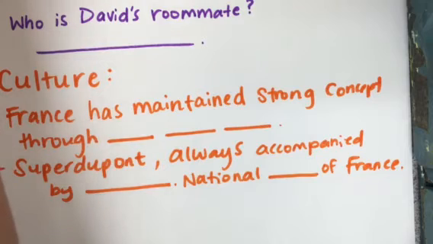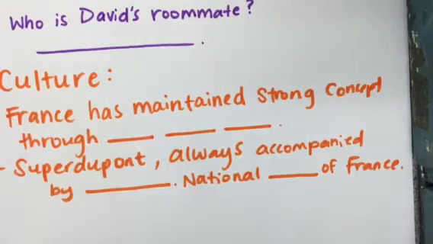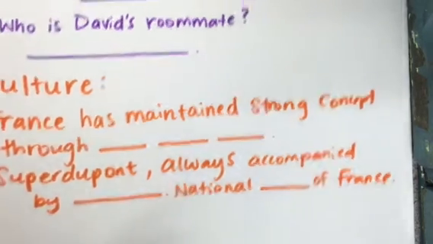All right, your last part is going to be grammar. I'm going to flip it over to the back. And this section is going to be a little complicated. You're going to have to know your verb être, okay?